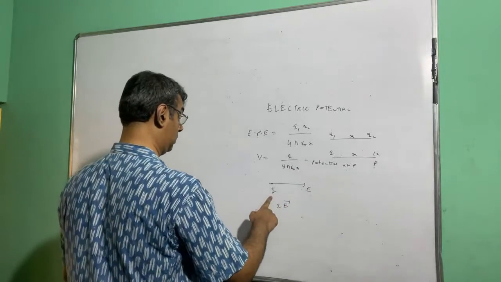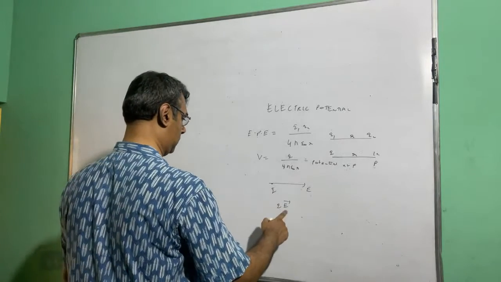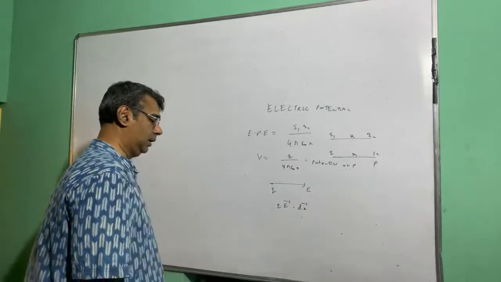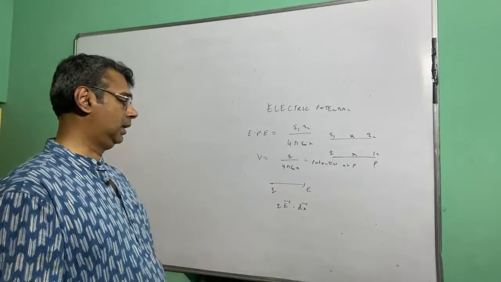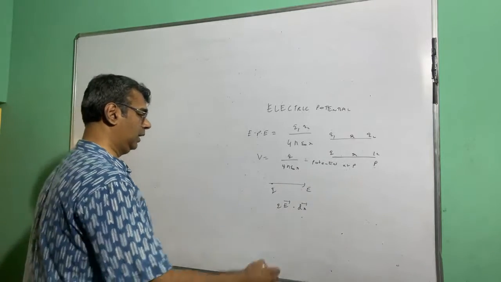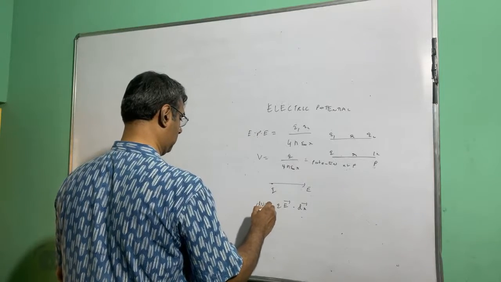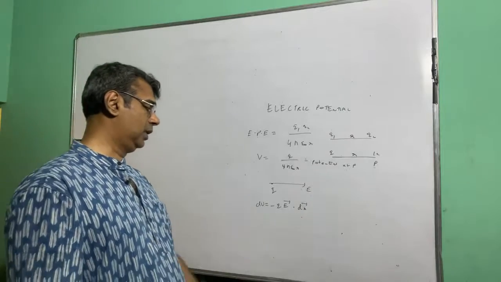For an infinitely small displacement dr, the work done by the electric force on this charge is QE dot dr. And you know electric force is a conservative force, so the negative of the work done is the change in potential energy.